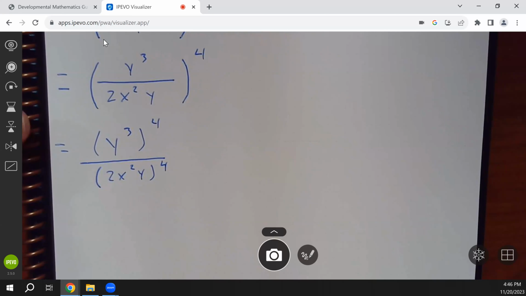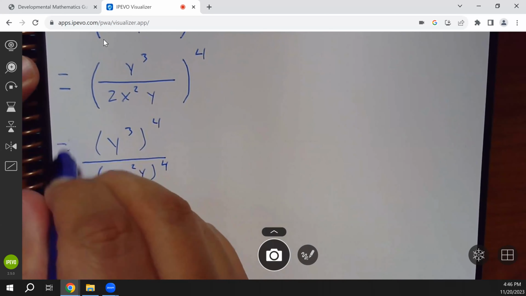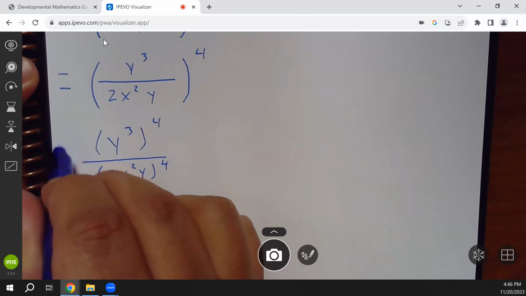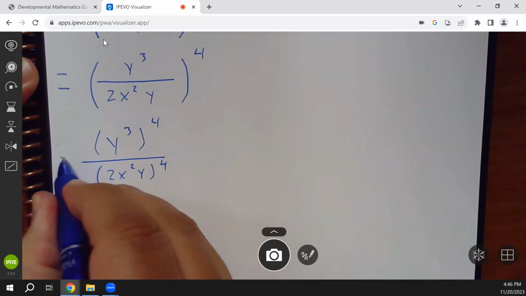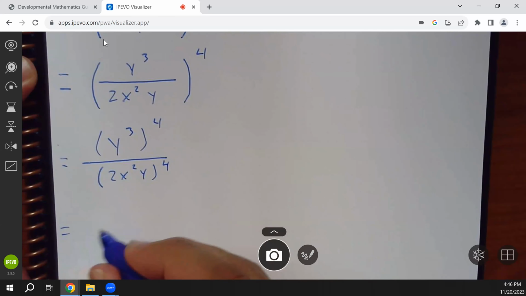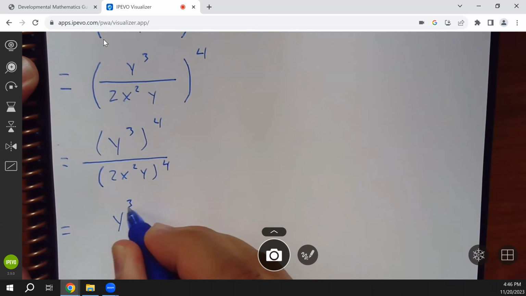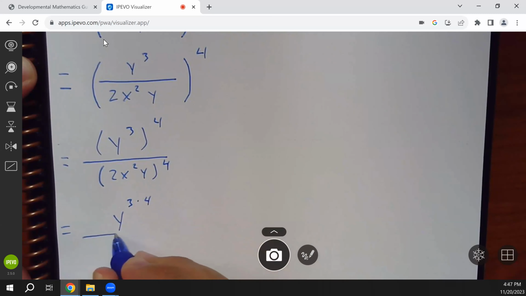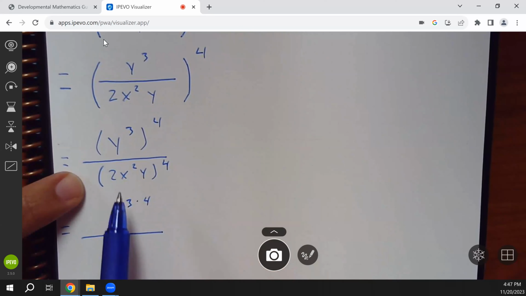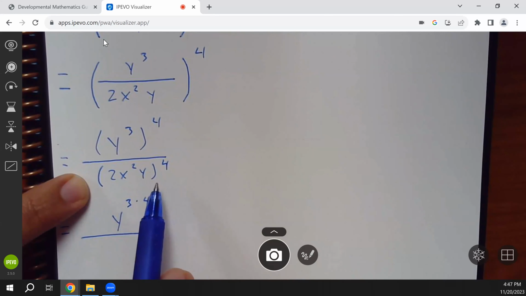What happens on top? We're gonna get 3 times 4 on the top. The bottom, they're all gonna get the 4, right?